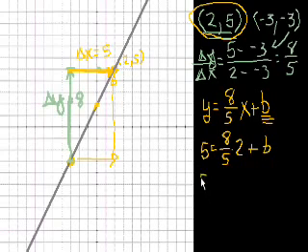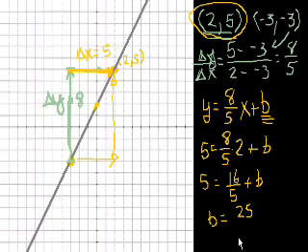Now we get 5 is equal to 16 over 5 plus b. And then we get b equals, well, 5 is 25 over 5, right? 5 is 25 over 5 minus 16 over 5 equals 9/5.